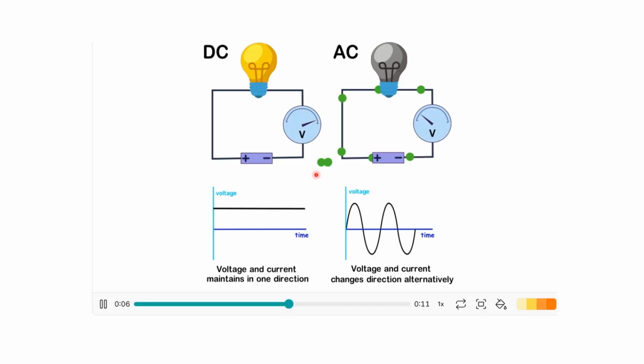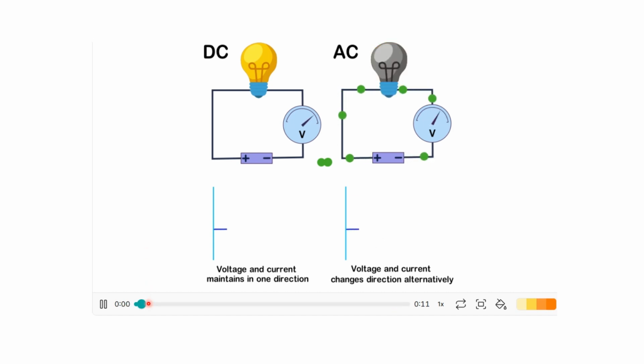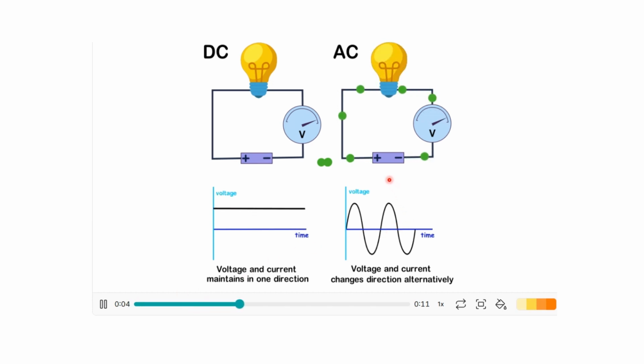In the next slide we can see how the variations differ between DC and AC. DC means it is a constant voltage, not changing in time, and AC is not a constant voltage, it changes with time in terms of magnitude and direction.